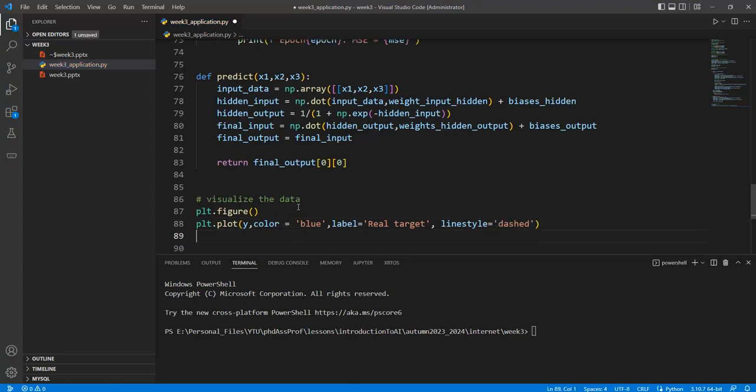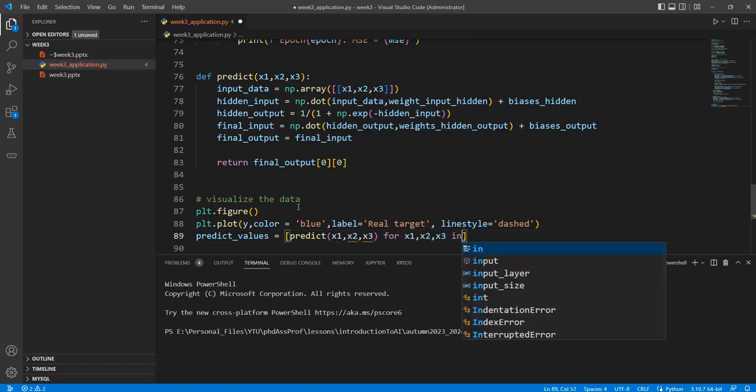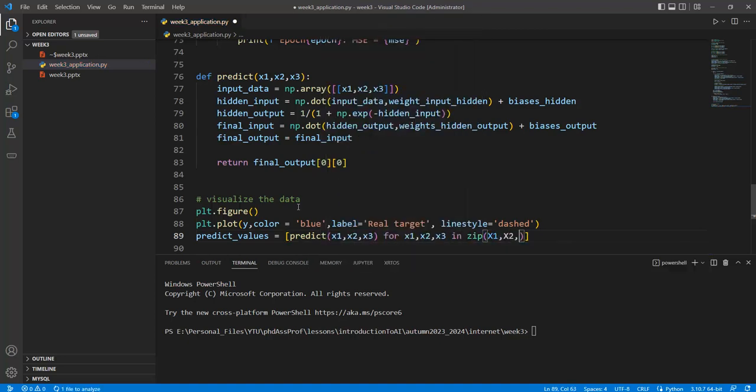So the predicted values can be given with predict x1, x2 and x3 for x1, x2 and x3 in zip x1, x2 and x3.